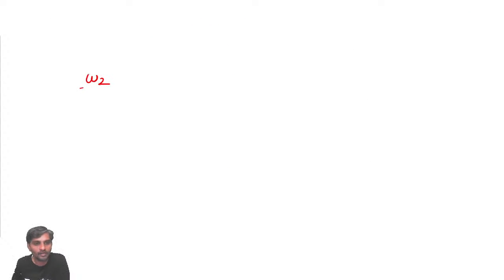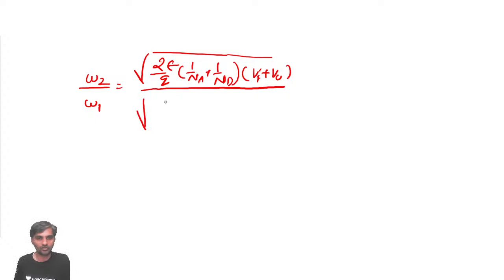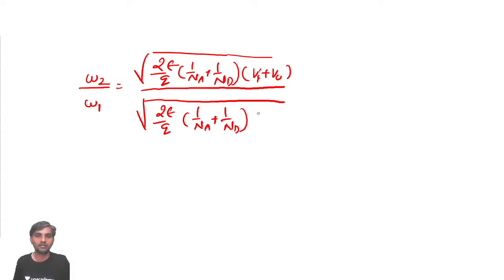Write W2 by W1 is equal to square root of 2 epsilon by Q into 1 by NA plus 1 by ND into VF plus V naught, by the same again, square root of 2 epsilon by Q into 1 by NA plus 1 by ND into V naught.